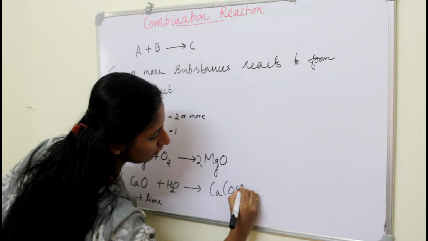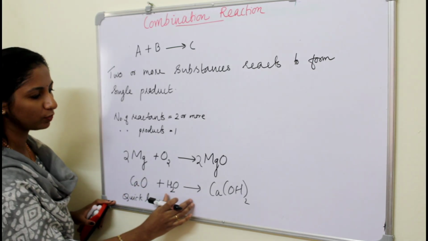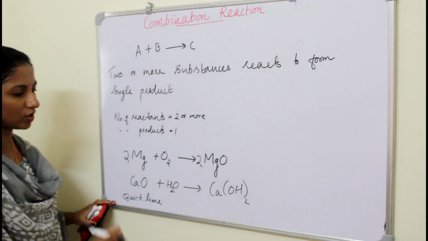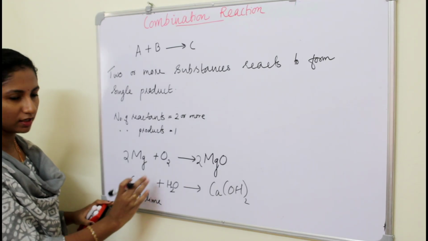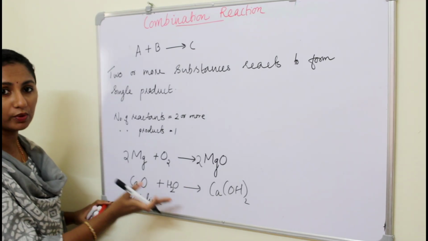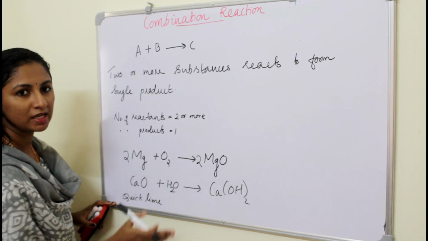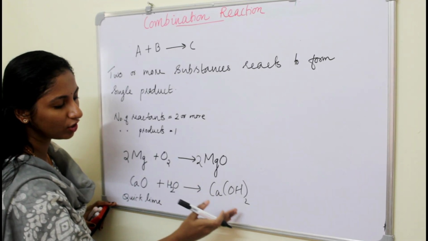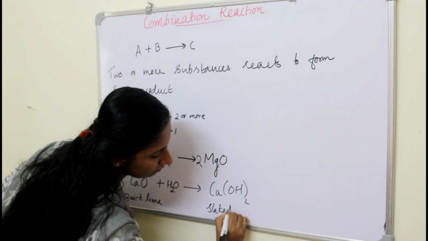So when calcium oxide reacts with water, we get calcium hydroxide. It's an example of a combination reaction. That is, on the reactant side we have two substances as reactants, and we get a single product. And calcium hydroxide we can call slaked lime.